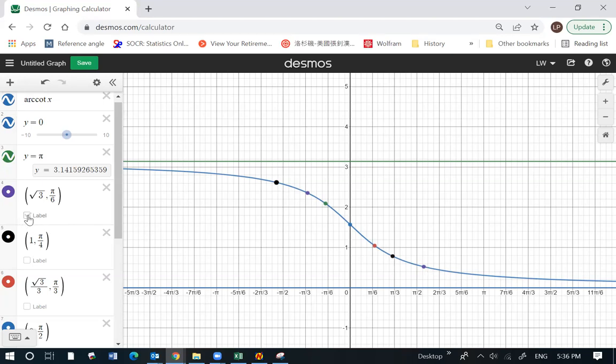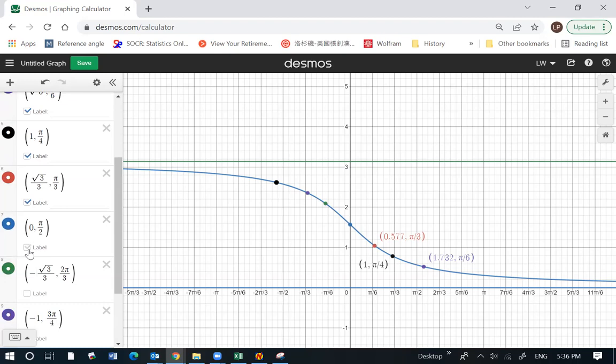The next one, 1, pi over 4, I click on the label. Look at the picture right there. The red is root 3 over 3, and the output is pi over 3, right there. And keep going: 0, pi over 2 right here.